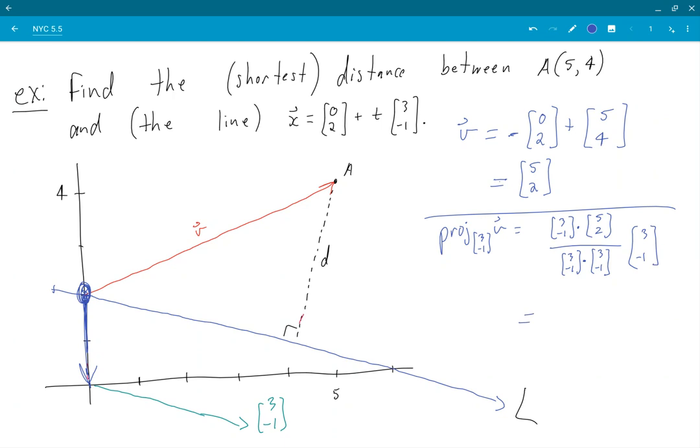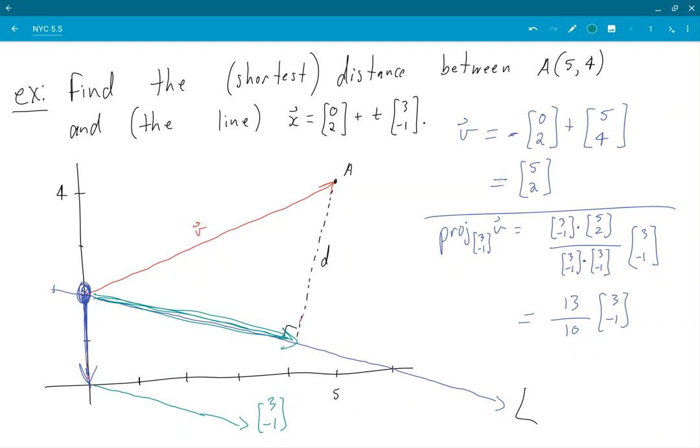So what do we get? 15 minus 2 is 13. 9 plus 1 is 10. 3, negative 1. Okay, so what I've found here is this projection, the vector in green right here.